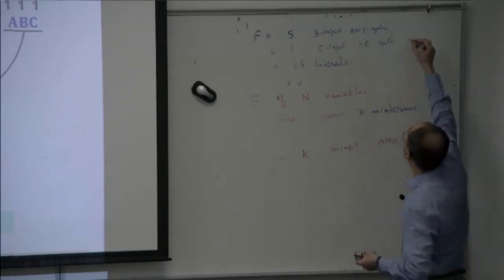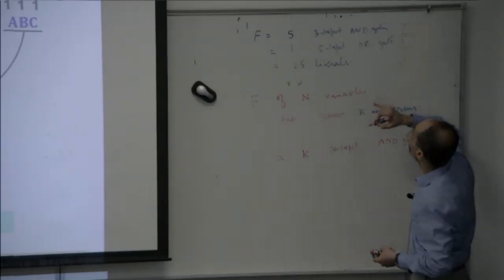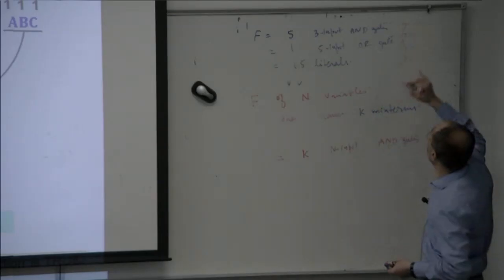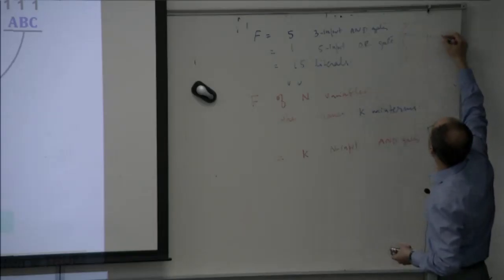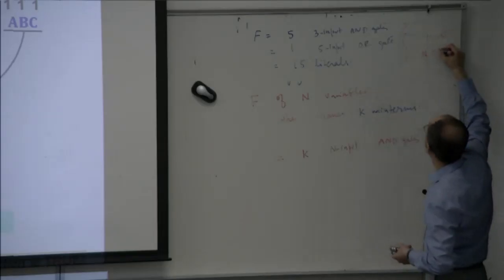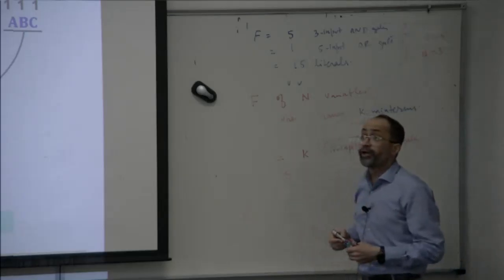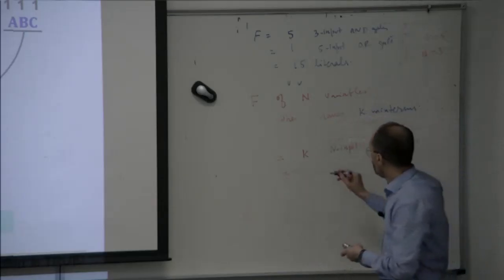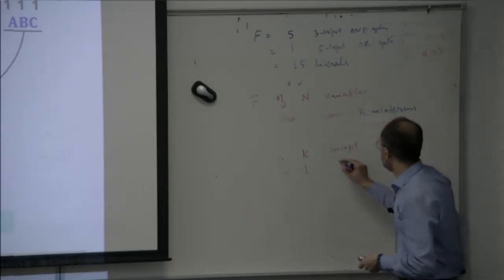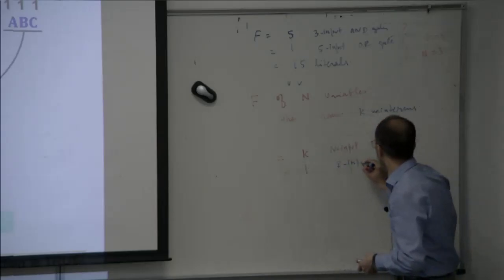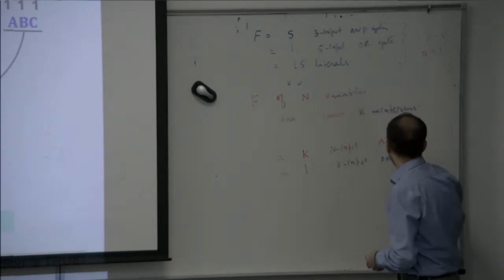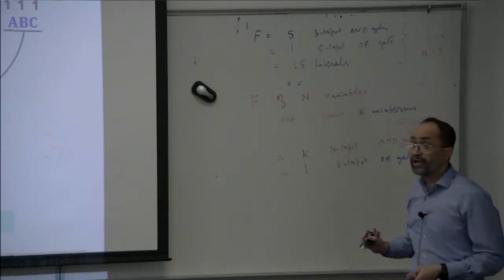Because for this example, what is K? K is 5 and N is 3. And then how many OR gates? 1, a K input OR gate. And how many literals?